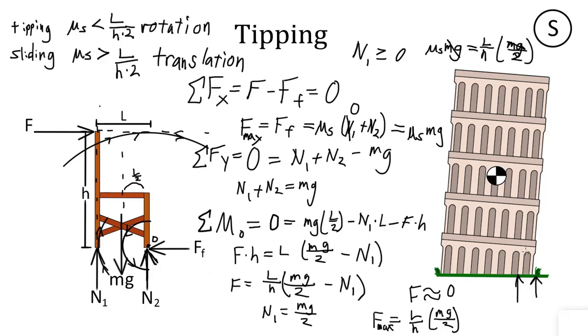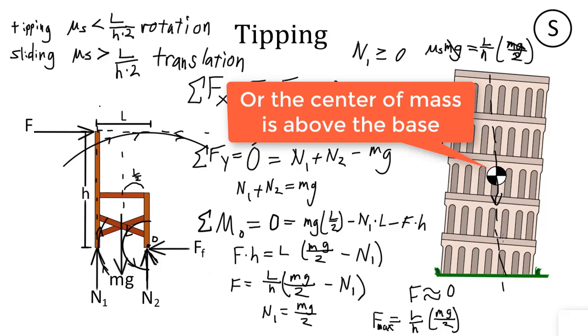But anyways, another thing that I would like you to remember is that with buildings, there's usually not any horizontal forces. And so if you're going to figure out if a building's going to tip or not, a good indicator is that if you extend this line of action like so, if the line of action of the weight goes through the base, then it's definitely not going to tip.